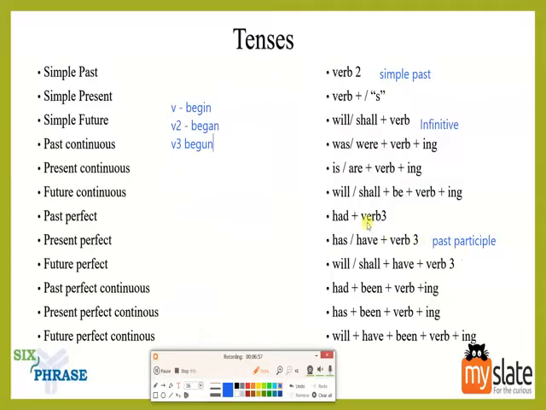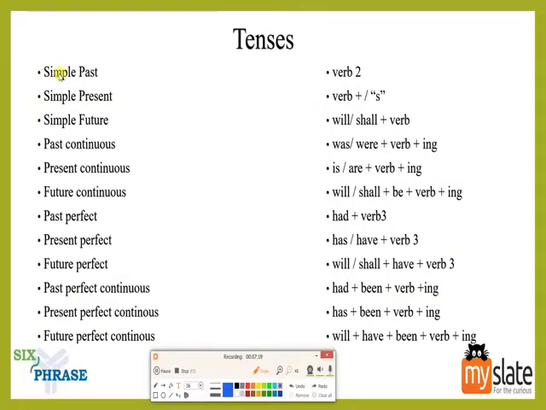So wherever verb 3 comes, you just have to put the past participle form of the verb. And when just verb is mentioned, you need to put the infinitive form of the verb. And in verb 2, you'll have to put the simple past form of the verb, right? Okay, so let me just give you examples.